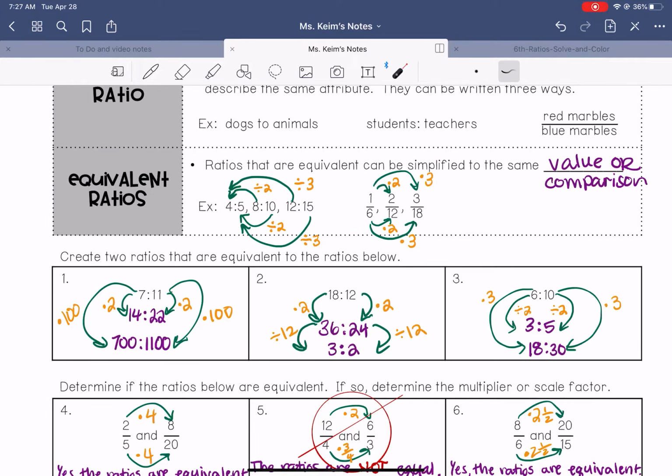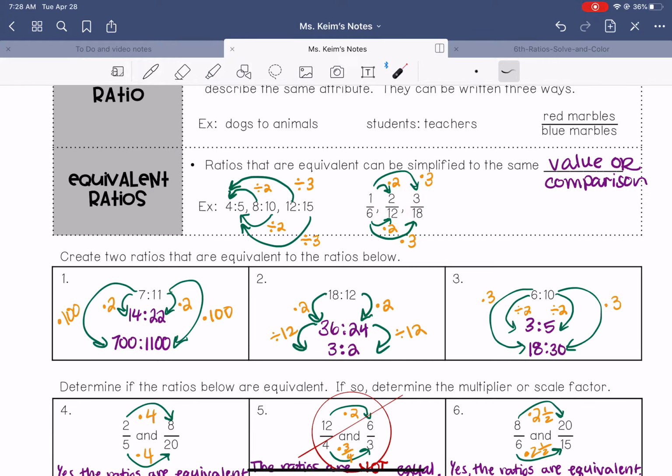Okay, so equivalent ratios are ratios that represent that same core relationship, and you can show that they're equivalent by either simplifying down to the same relationship or scaling up from one to the other. And once again, yes, the numbers are different. 2 and 12 are different than 1 and 6, but this still represents 1 for every 6.